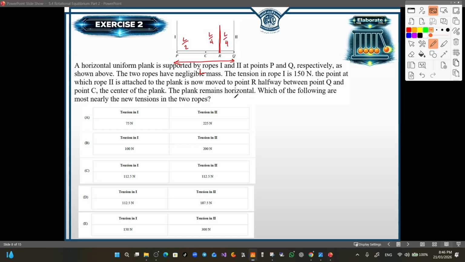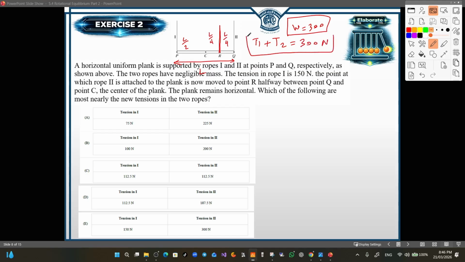So here we didn't change the plank, so the weight remained the same, 300 Newton, as in the first trial. Now, after we made the change, we still have the translational equilibrium, so the first tension plus the second tension is equal to 300 Newton.